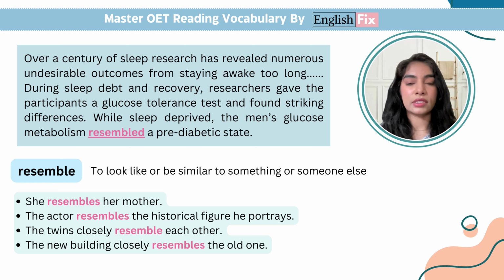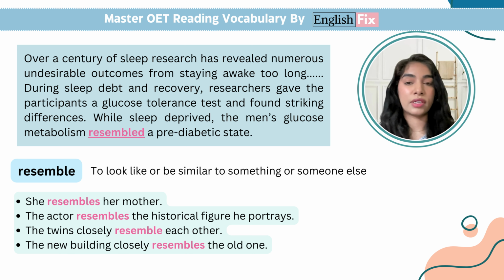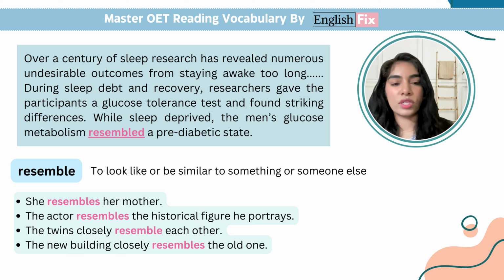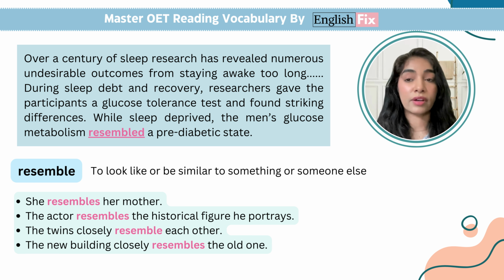So that's the meaning here. This word can come up again and again in your OET reading paragraphs. Again, I'm saying OET, but in any reading paragraphs, it can come up as long as they're healthcare context paragraphs.